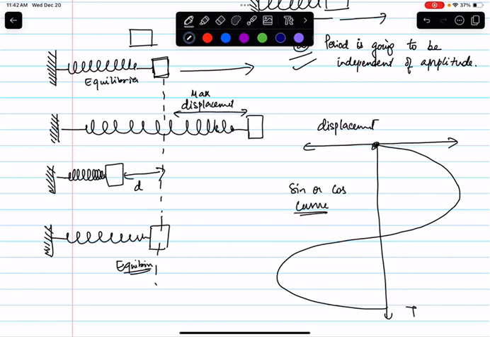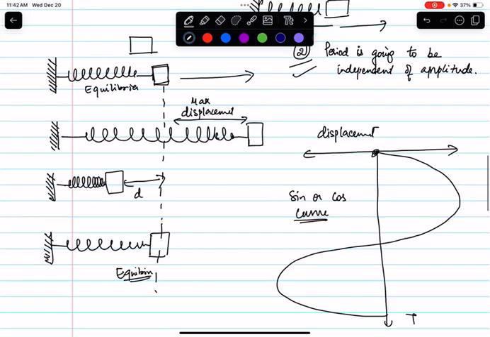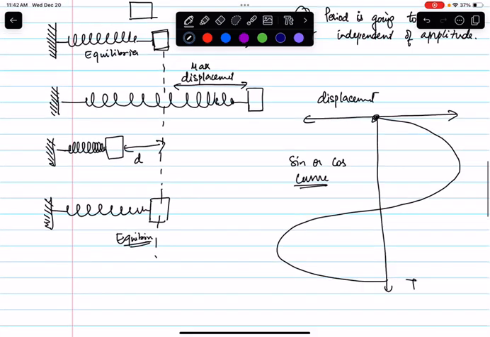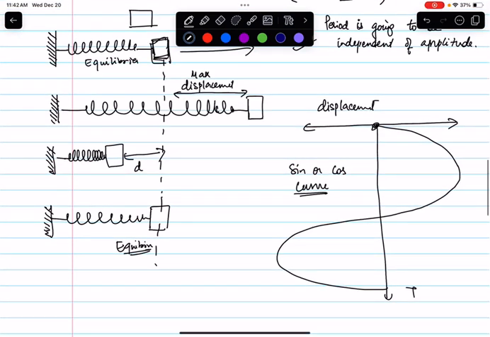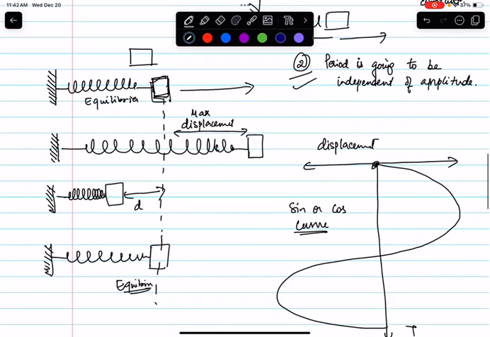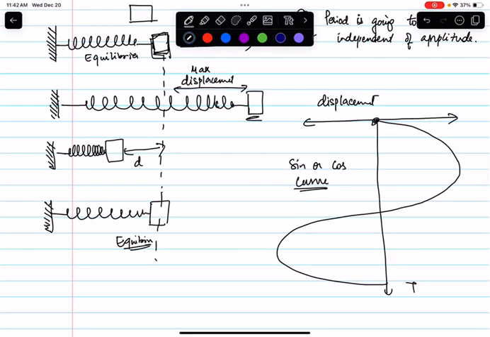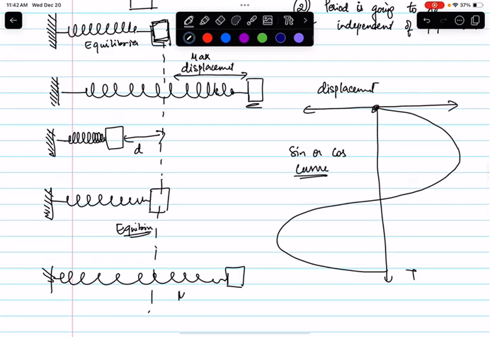right? So for example, let's say that because I start off at the equilibrium, I get this curve, right? This is my equilibrium position. But now let's say that I start with this as my equilibrium position, right? So I'll draw another displacement over here, and then this is your max displacement.